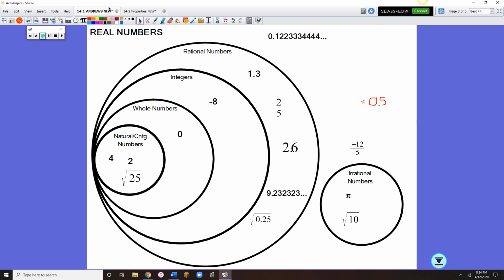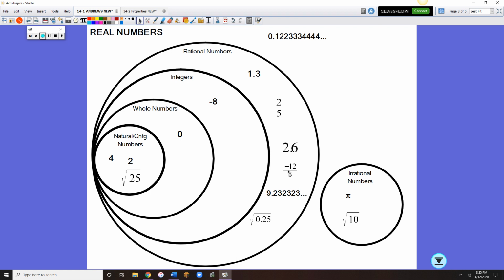Okay, improper fractions, or fractions that have negatives in them. Just based on the fact that this is a fraction with whole numbers in it makes it rational. But since negative 12 doesn't divide by 5 evenly, the answer would be negative 2.4.